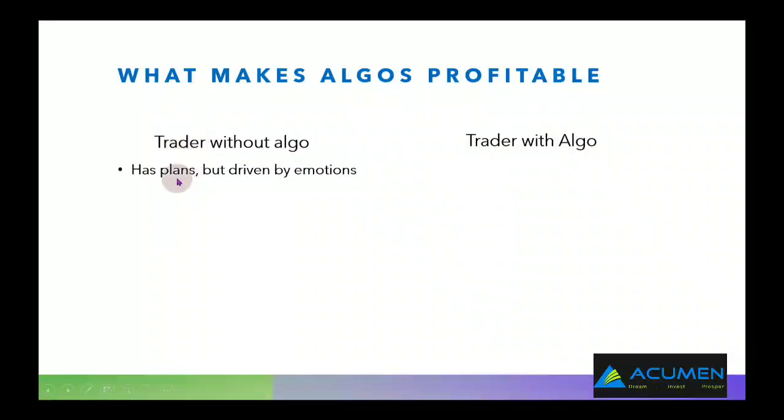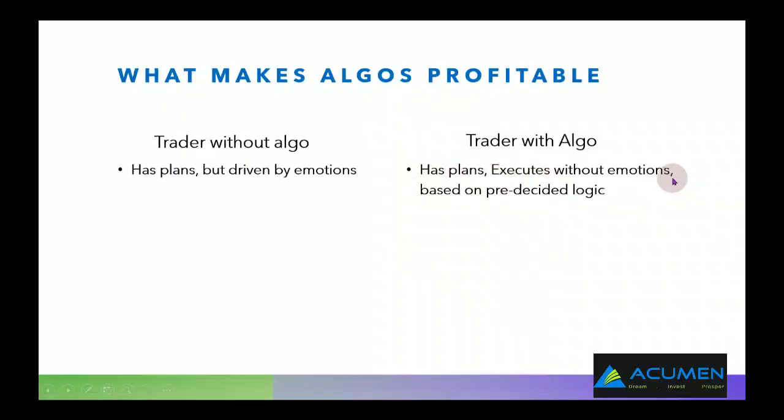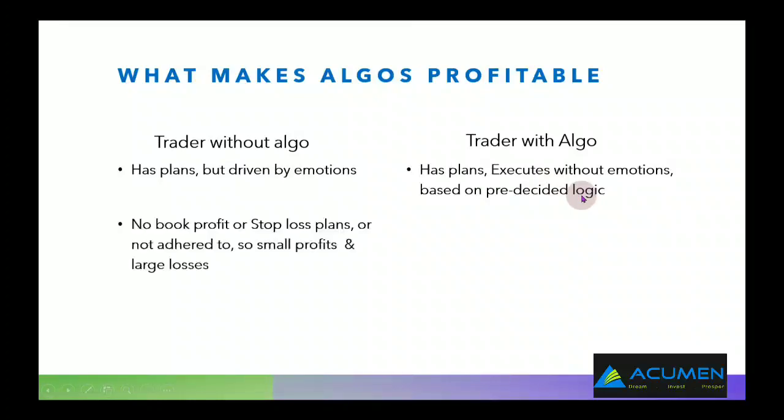The trader without algo has plans, but he's driven by emotions. Whereas with algo, the plan is the same, but the execution happens without emotions and on a pre-decided logic. Without algo, typically even the small profits are booked, whereas the losses become larger and larger.